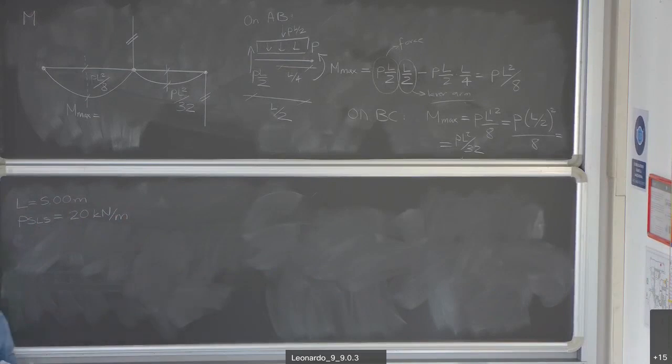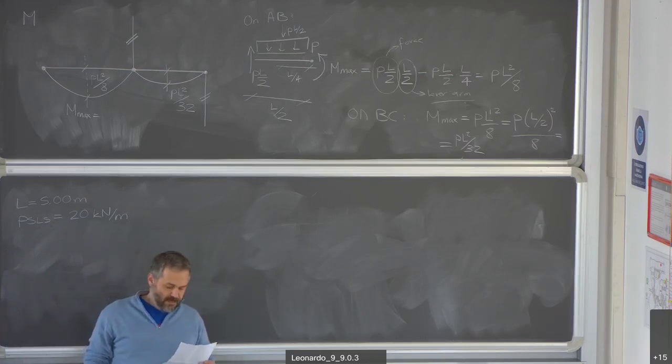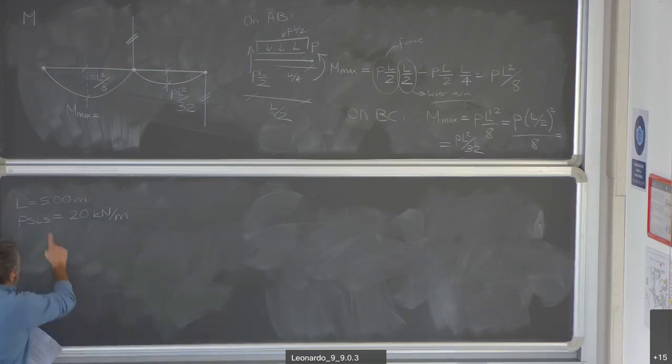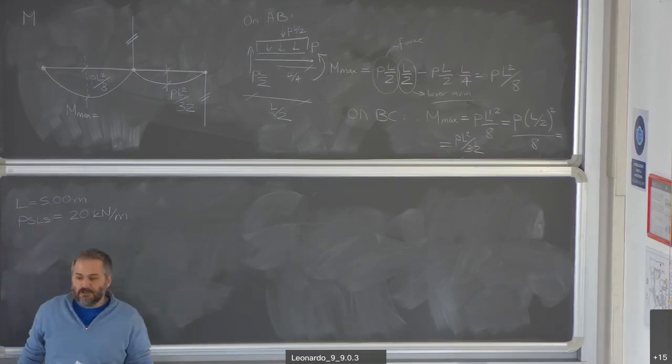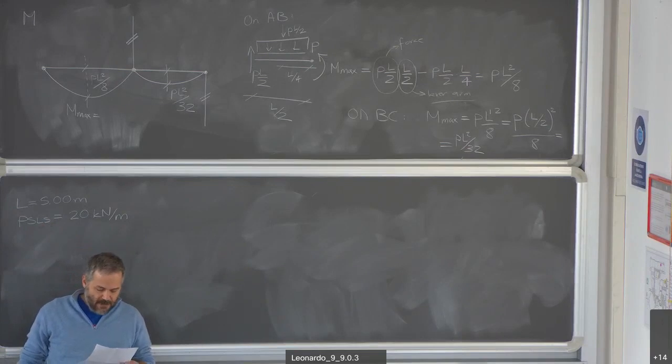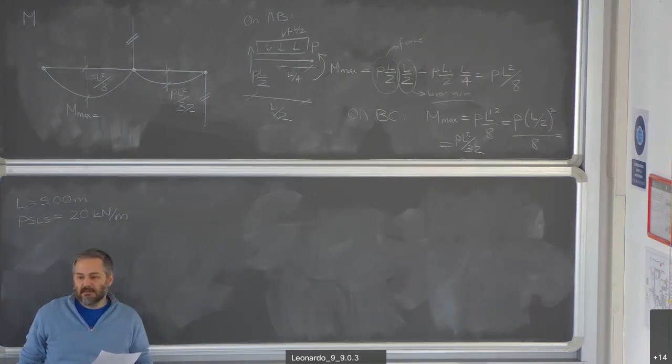Let's stop here. The first question was, design the section of beam AD at SLS, meaning use this load here, assuming an IPE profile, so we use a standard IPE section, by limiting the maximum displacement at midspan to Vmax lower equal to L divided by 350.